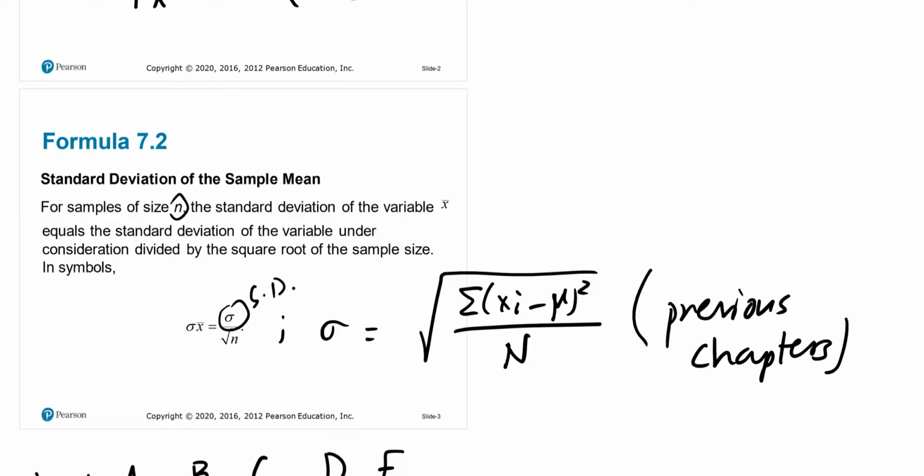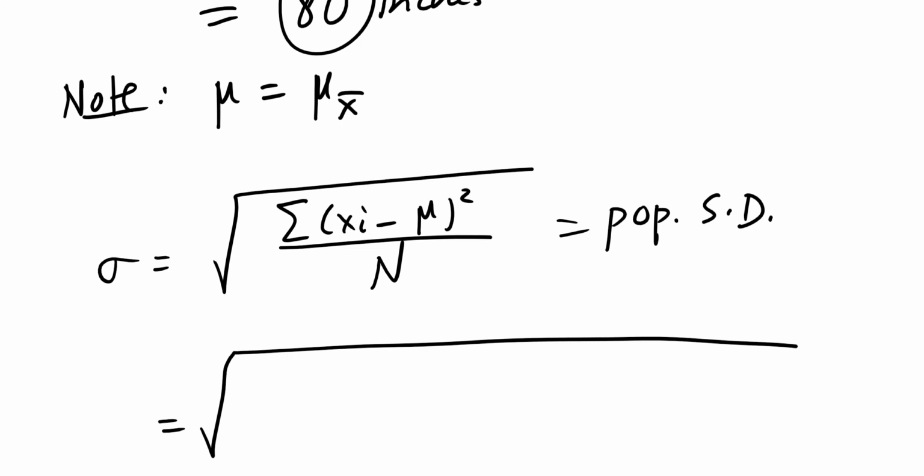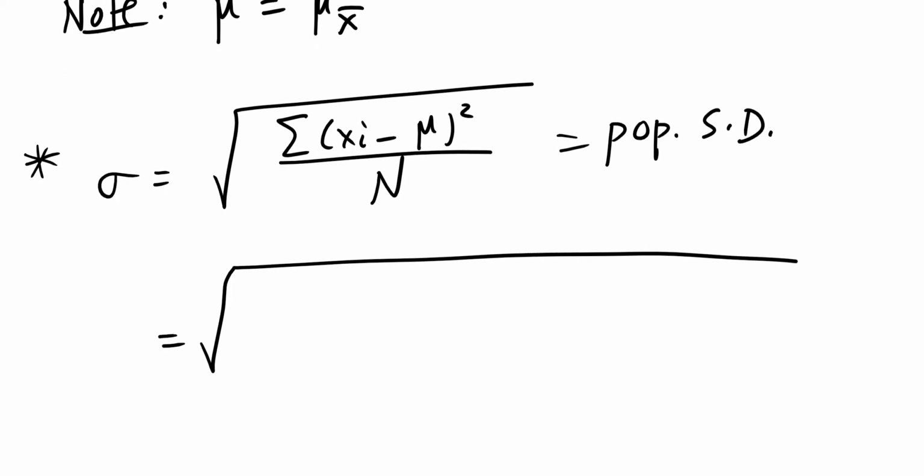So we're going to take the same data that I had in the table up there, and I wrote the formula here. First I'm going to find the population standard deviation. You can either use a table, or you can do it like this.